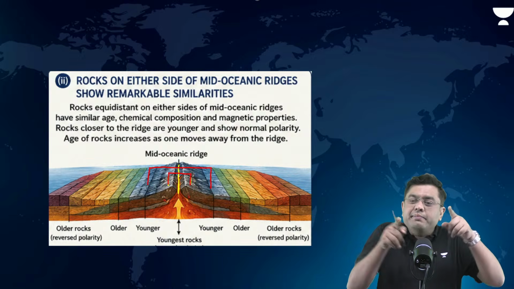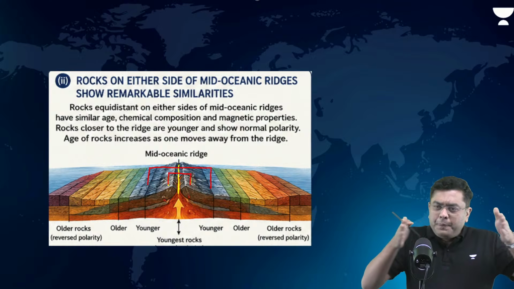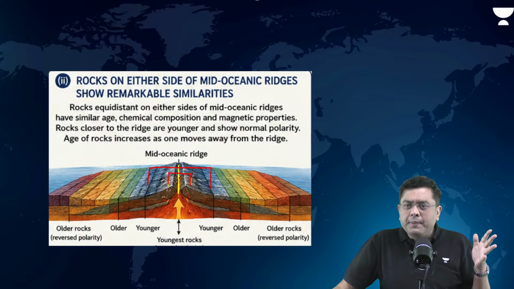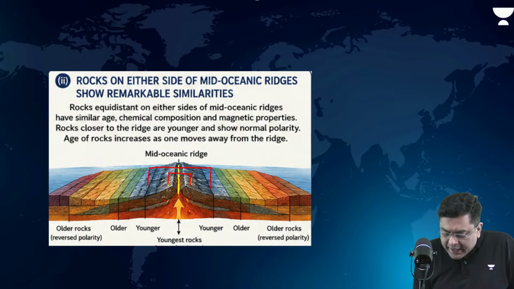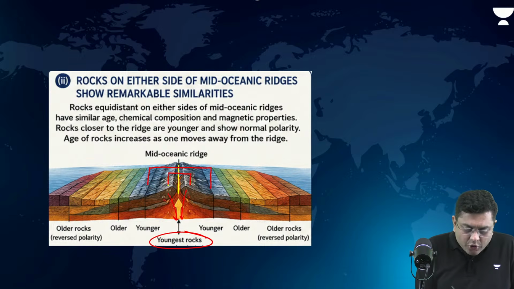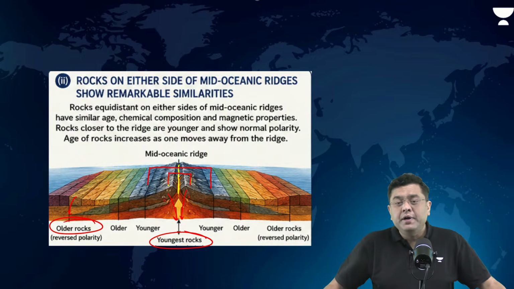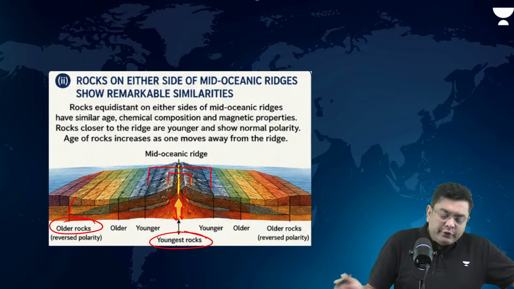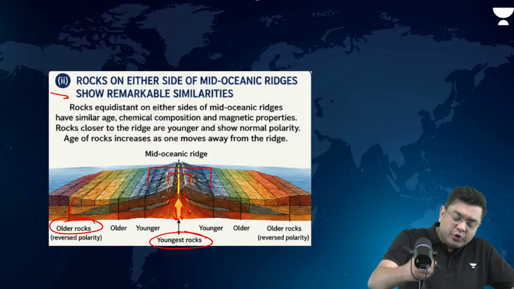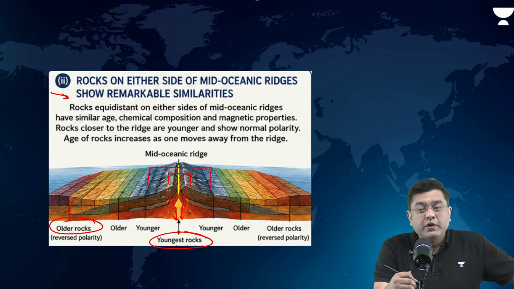So there is a similarity of the rocks on the opposite ends of that mid-oceanic ridge, but the youngest rocks are closer to the volcanic site, and the oldest rocks are furthest away from the oceanic volcanic region, right? So rocks on either side of mid-oceanic ridges show remarkable similarities.